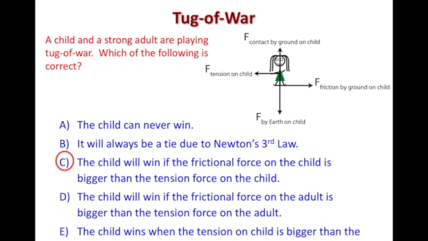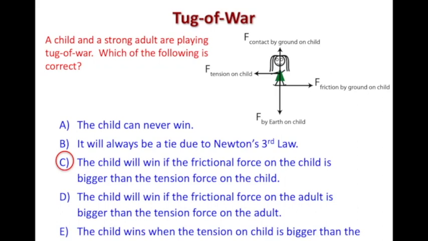You're not responsible for this, but friction is normally some coefficient of friction times the normal force, so the force of contact. And so the heavier someone is, the easier it'll be for them to create friction with the ground. So maybe the child is wearing cleats and the adult's wearing flip-flops with butter on the bottom or something, but it doesn't matter. As long as this is the case, the force of friction is bigger, child wins.